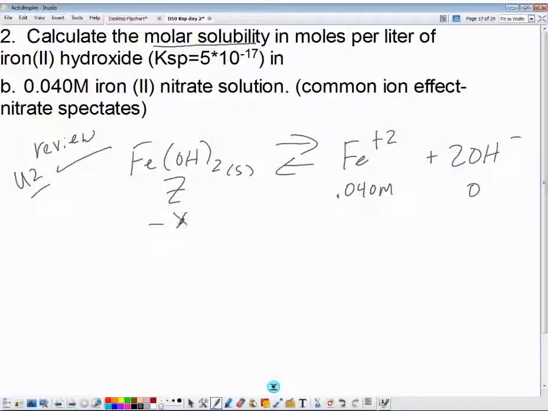It still does the same thing. And I thus get 2x, and then I get 0.04 plus x, but we're going to squiggly that out to save ourselves some math.